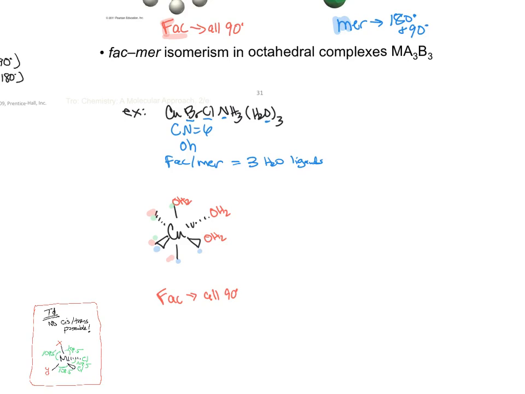And then we need to go ahead and add our other ligands. So the other ligands that I have, it doesn't matter where they go: bromo, chloro, and amine. So again, fac, because I have my 3 identical ligands at 90 degrees. Now let's look at the mer structure.